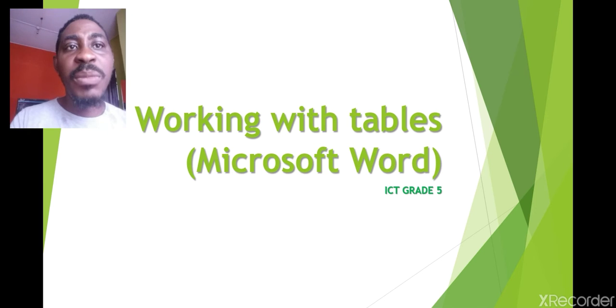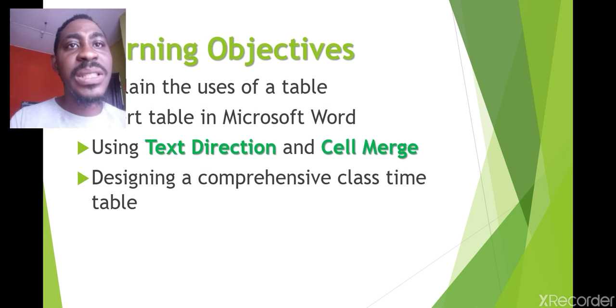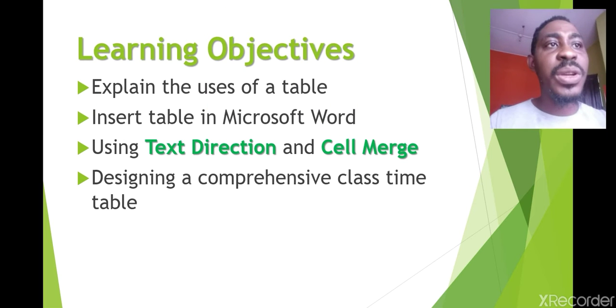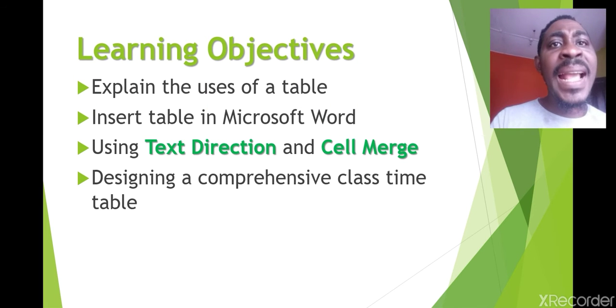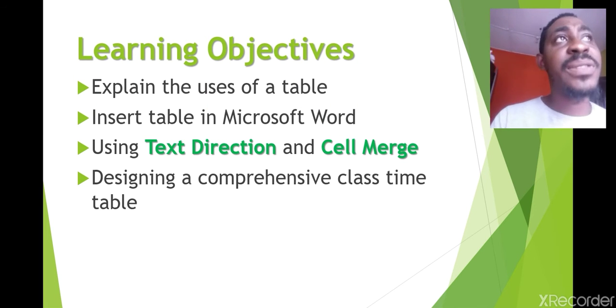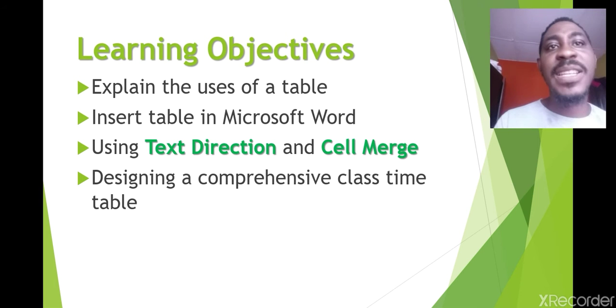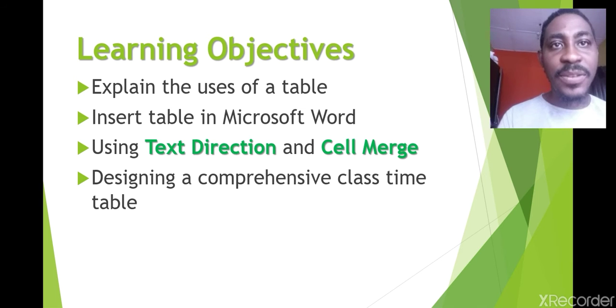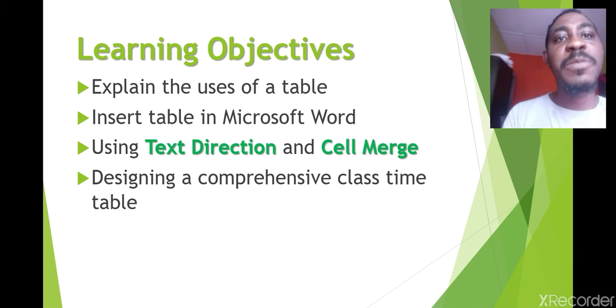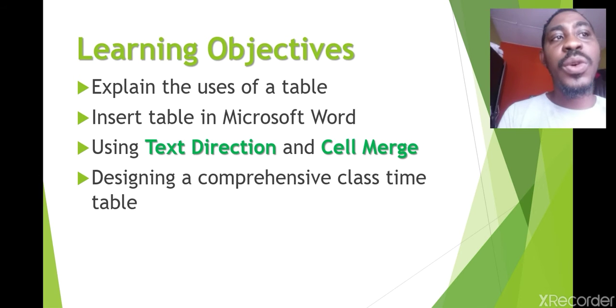Okay, so before we go further in this class, I'd like to quickly share the learning objective with you. What are the learning objectives? Now, these are what you're expected to be able to do at the end of this class. At the end of this class, pupils are expected to be able to explain the uses of table in Microsoft Word.